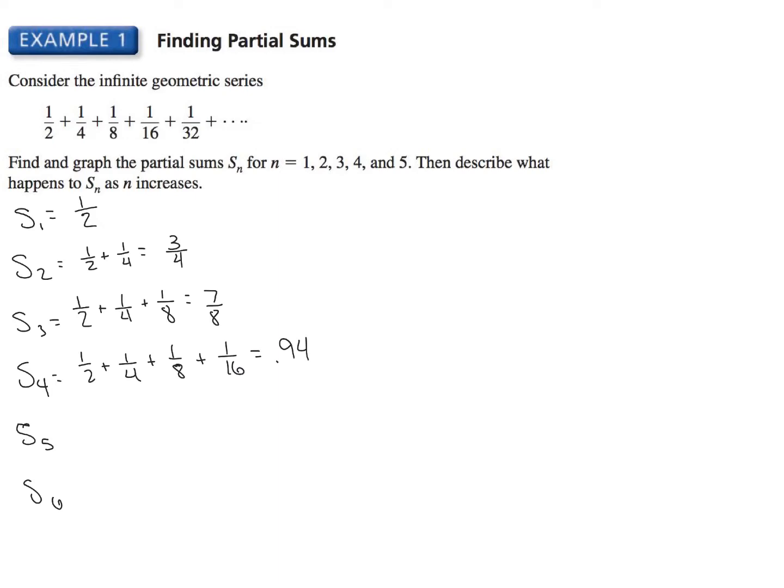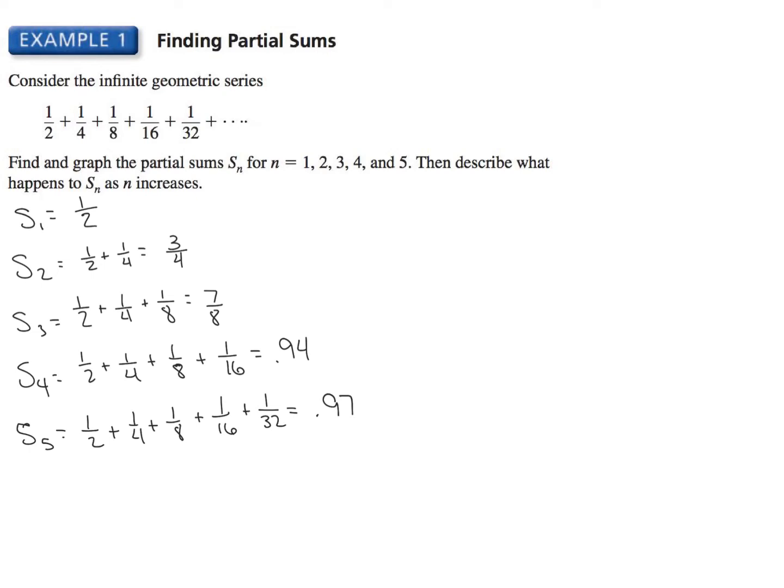And then S of 5 is 1/2 plus 1/4 plus 1/8 plus 1/16 plus 1/32, and it's rounded at about 0.97.